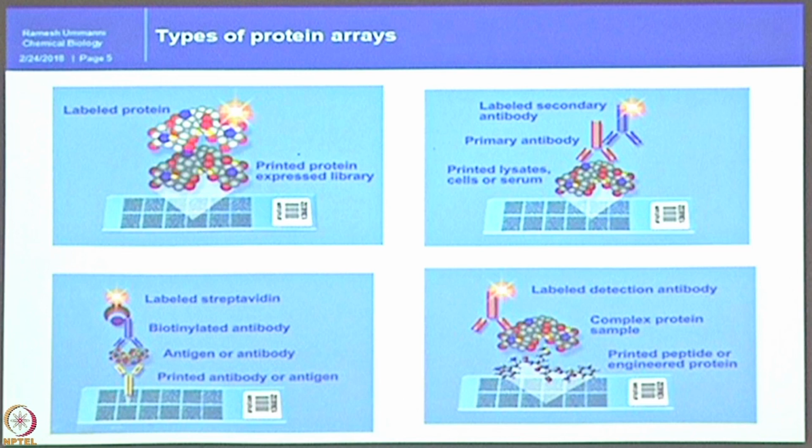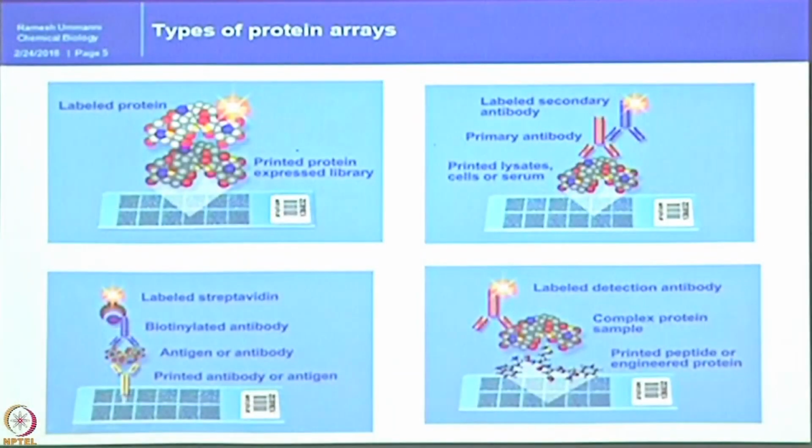Then you can detect the captured protein by looking at the signal. I will explain the different signaling methods that can be used. And this is the real approach we are going to talk about for the next half an hour or 45 minutes.